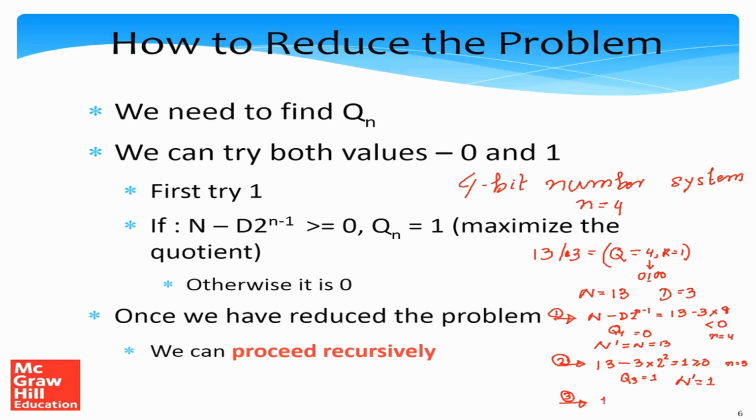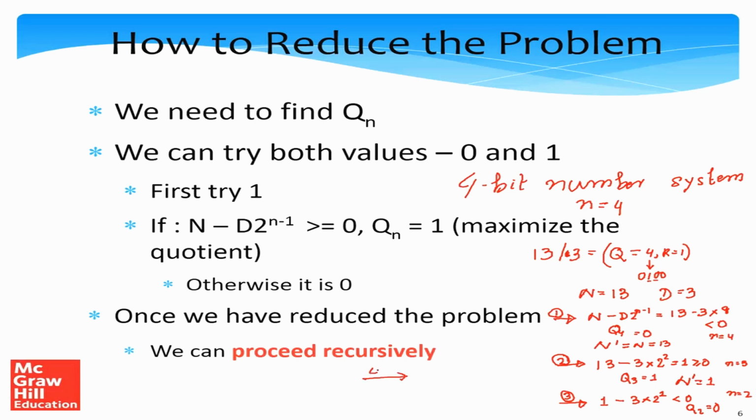Then I'll again compute 1 minus 3 times 2 to the power 2 minus 1, since n again becomes 2. That is 1 minus 6, which is less than 0. So Q2 is equal to 0, and we have computed this properly.